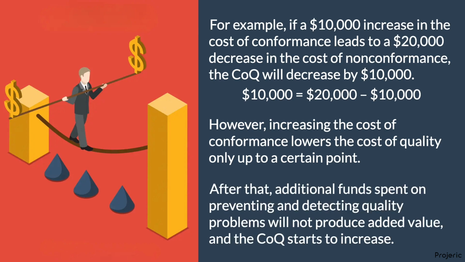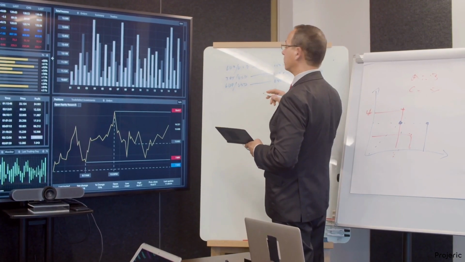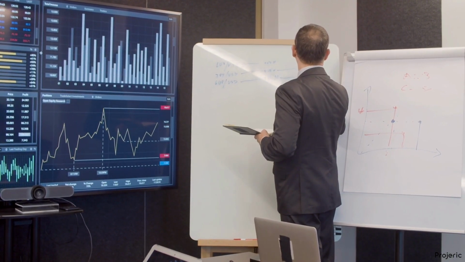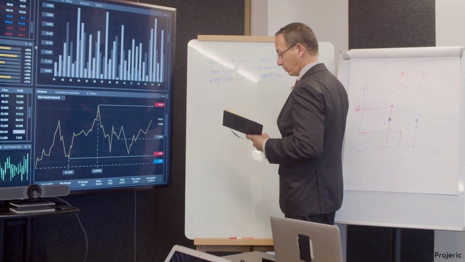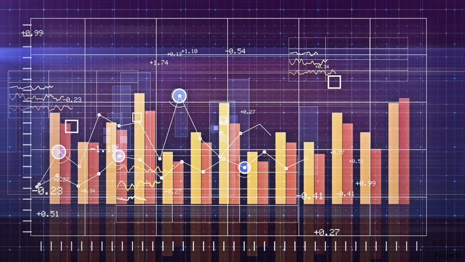After that, additional funds spent on preventing and detecting quality problems will not produce added value, and the COQ starts to increase. To be cost-effective, teams should plan to achieve the right balance between the cost of conformance and nonconformance. As the project progresses, the team should monitor the cost of quality to ensure their plans work as intended.